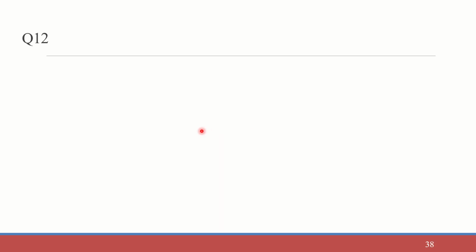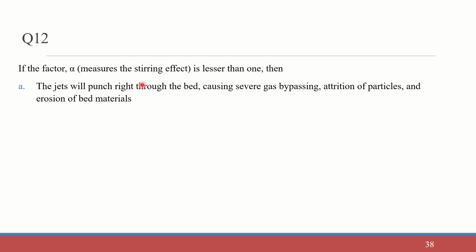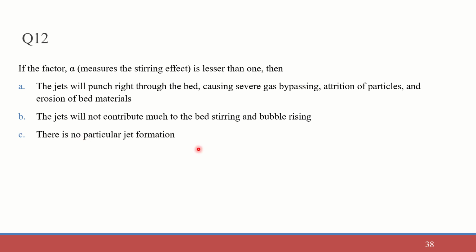Now let us go to question 12. In question 12, it is asked that if the factor alpha, which measures the stirring effect, is lesser than 1, then option A, jets will punch right through the bed, causing severe gas bypassing, attrition of particles and erosion of bed materials. Option B, jets will not contribute much to the bed stirring and bubble rising. Option C, there is no particular jet formation. Option D, none of the above. As we have seen in the previous question itself, I don't know why the questions are being repeated and asked in different words.